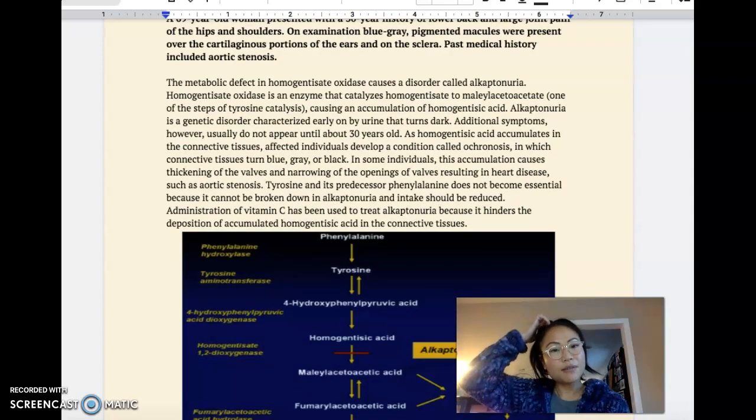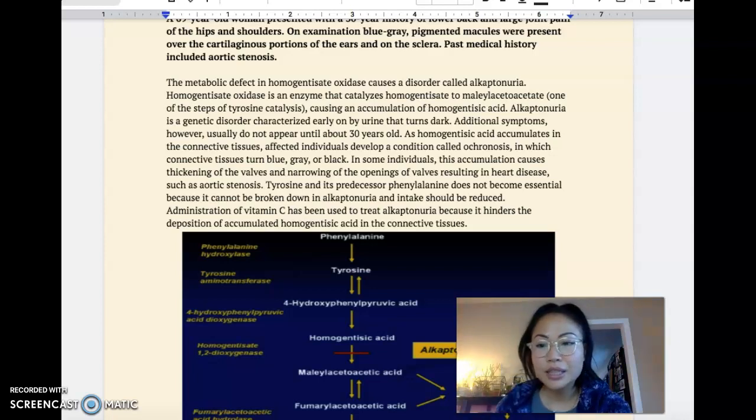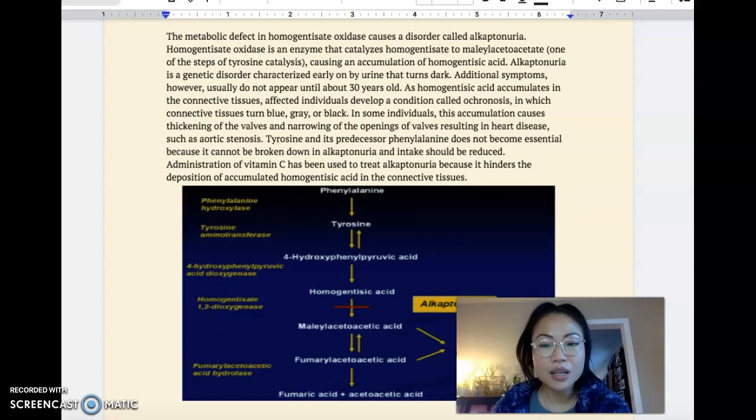So the metabolic defect here would be in the metabolism of tyrosine. So the homogentisic acid is what is being affected, and this is called alkaptonuria.